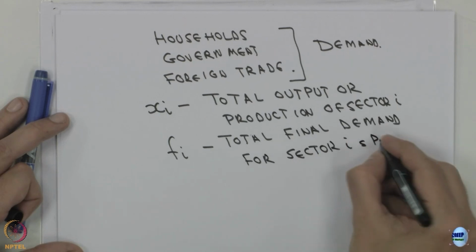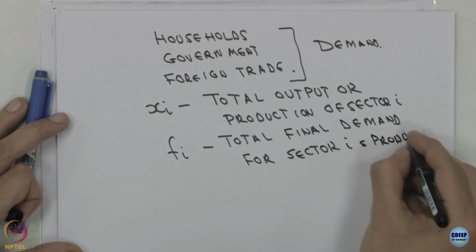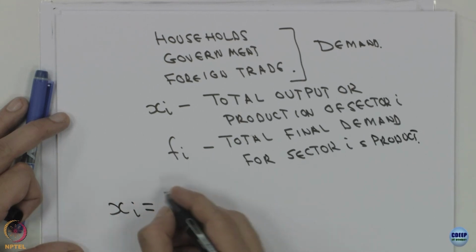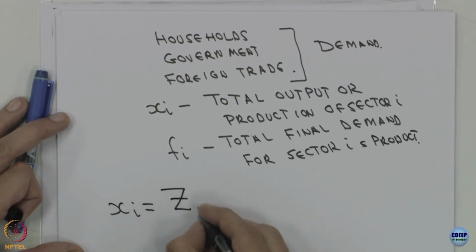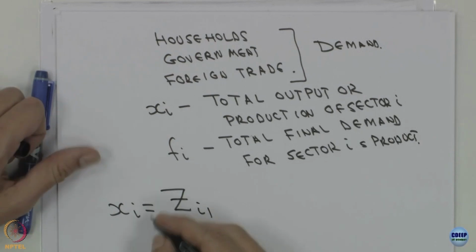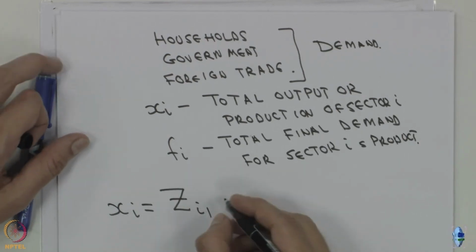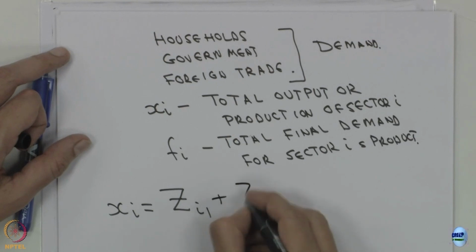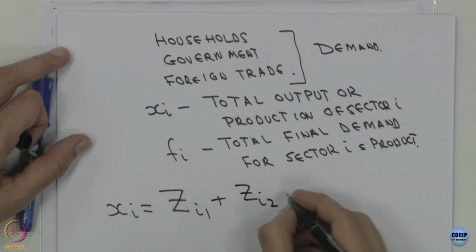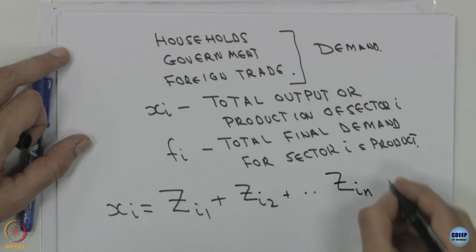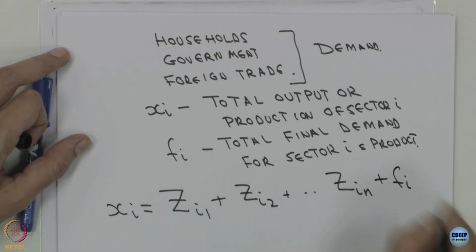We can write a balance equation, which is xi is zi1, from I to the first sector, and then there are n such sectors, zi2 plus and so on, zin plus fi.